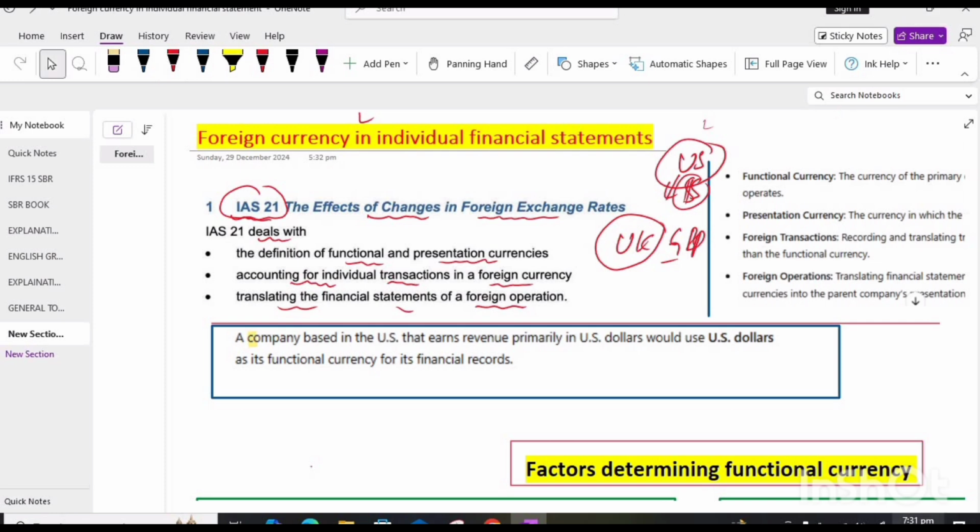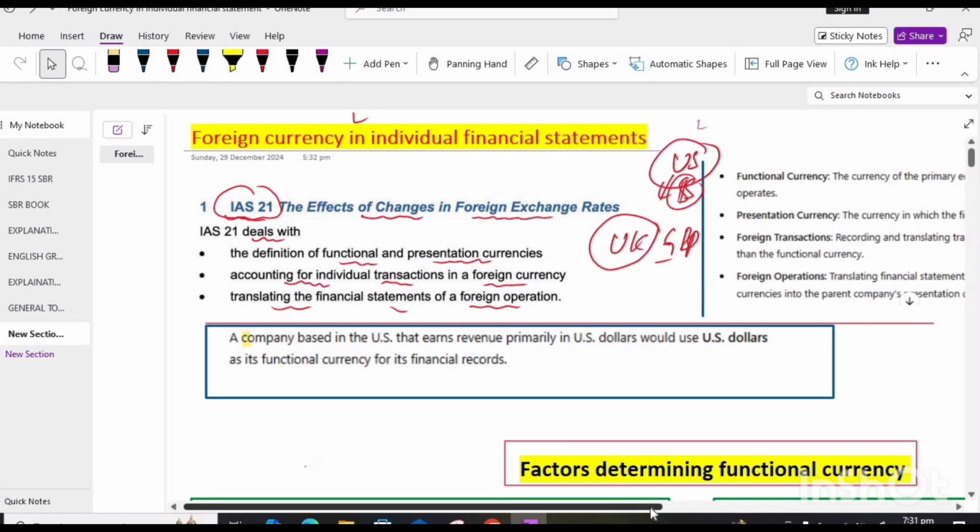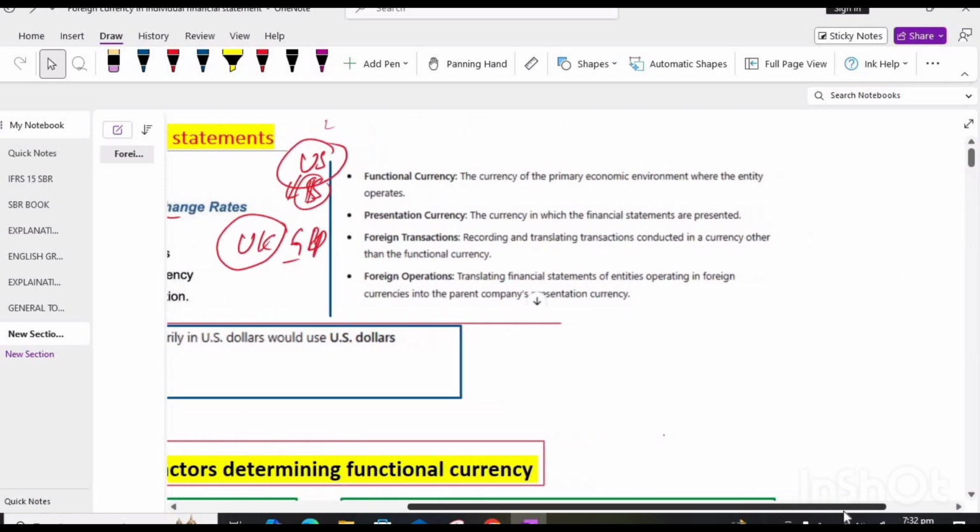So, what do we mean by the functional currency? What do we mean by the presentation currency? We have to discuss it here. Functional currency is the currency of the primary economic environment where the entity operates.